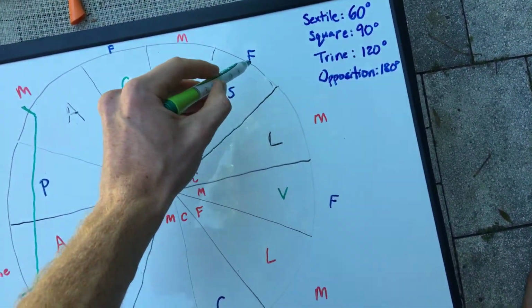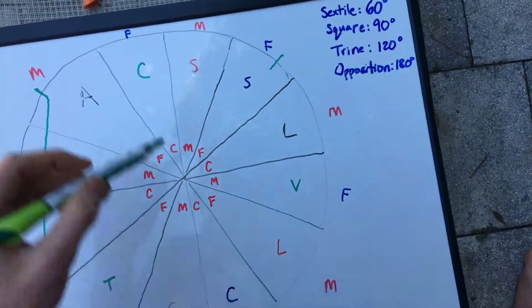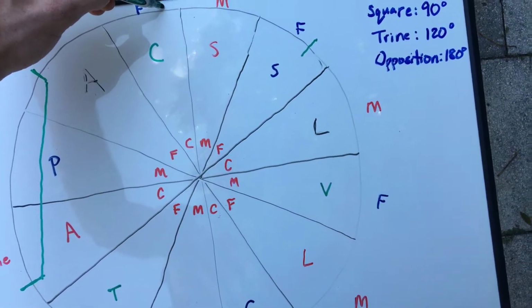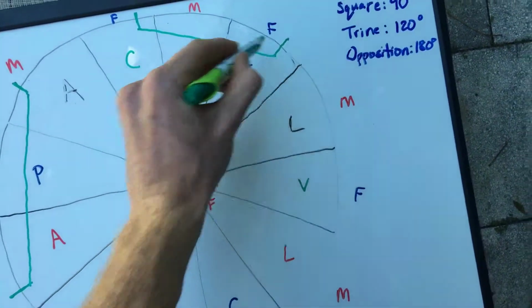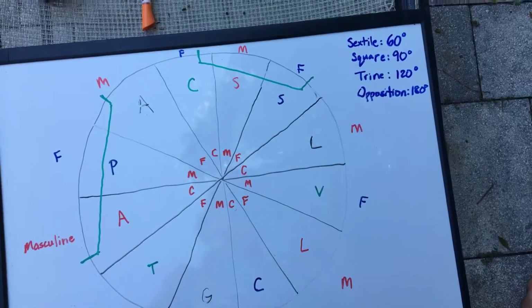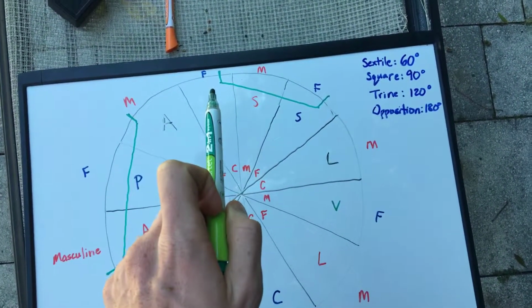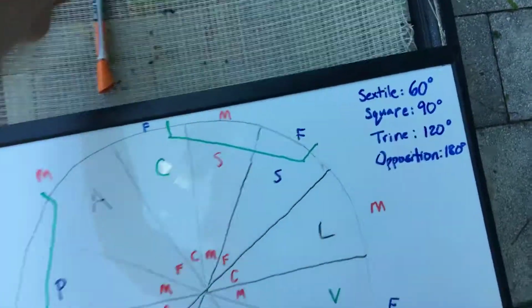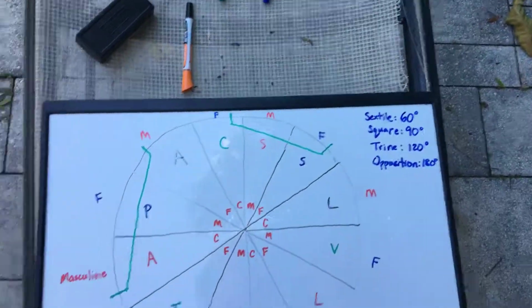In the same way, if we had a 10-degree planet in Scorpio and a 10-degree planet in Capricorn, we would have a sextile there as well, from feminine to feminine. So one sign of the same gender or polarity away is a sextile. Easy as that.